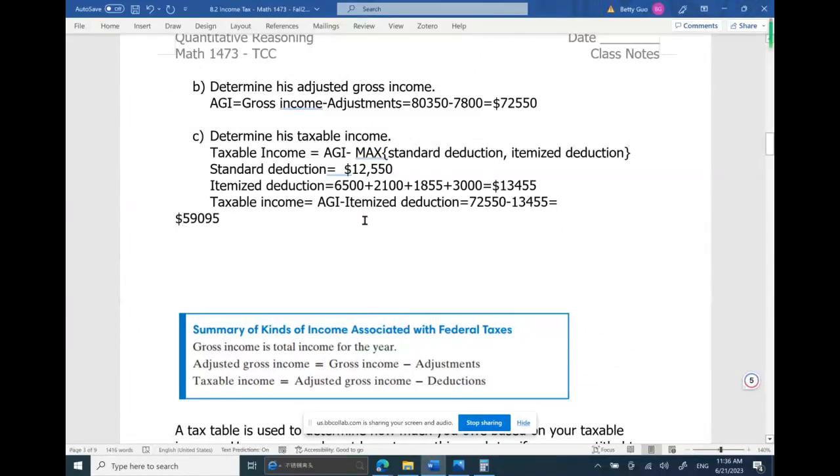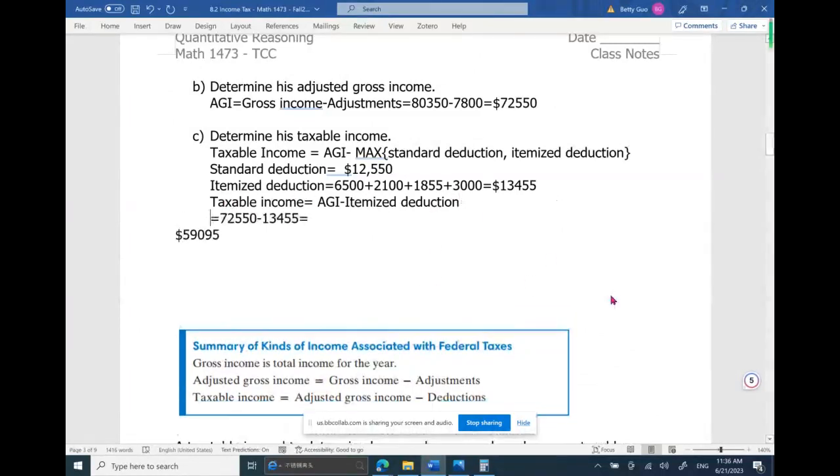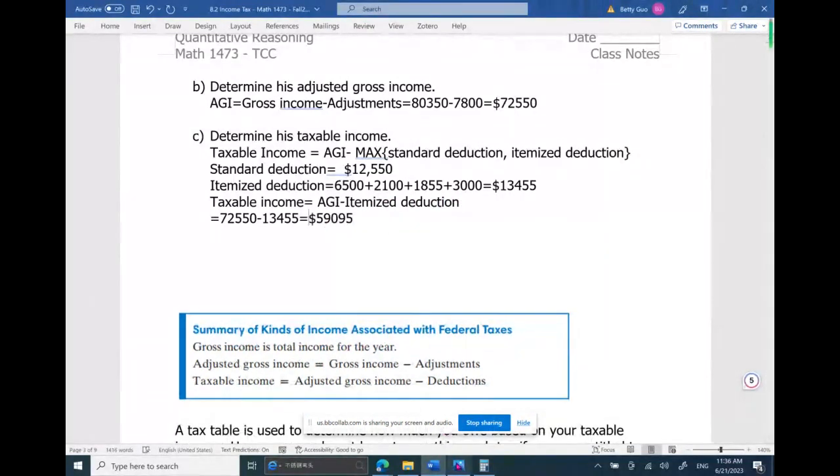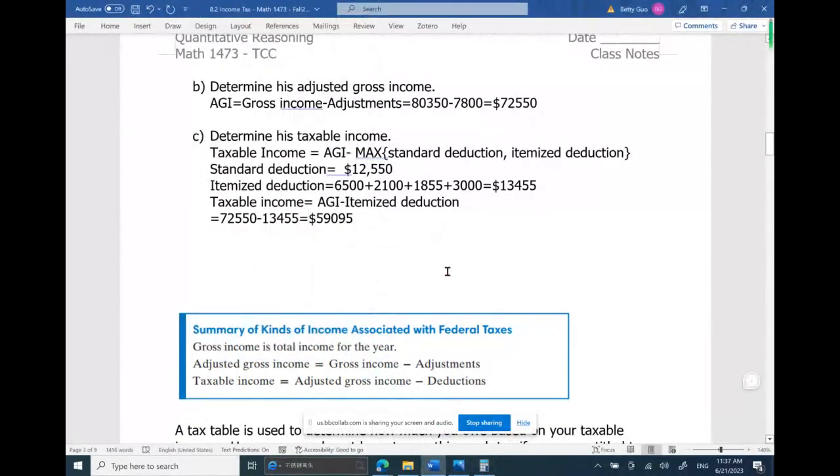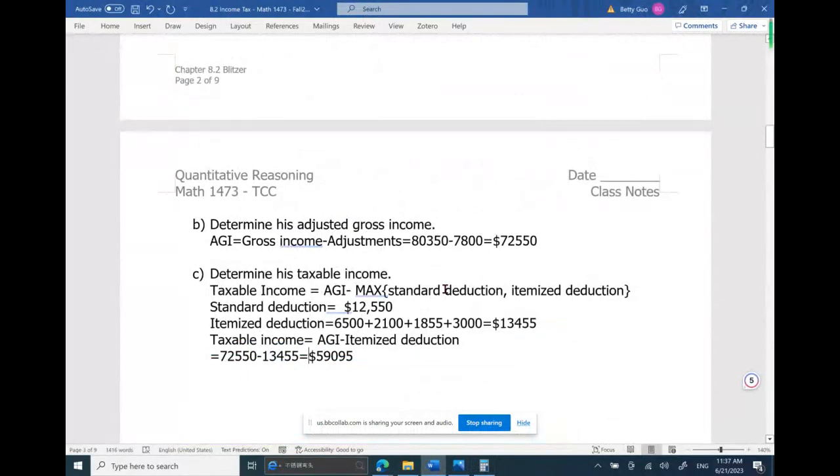All right. I hope you understand the process of calculating taxable income through this example. I guess the challenging part might be finding adjustments, also determining the standard deduction or itemized deduction, which one we're going to apply, right?